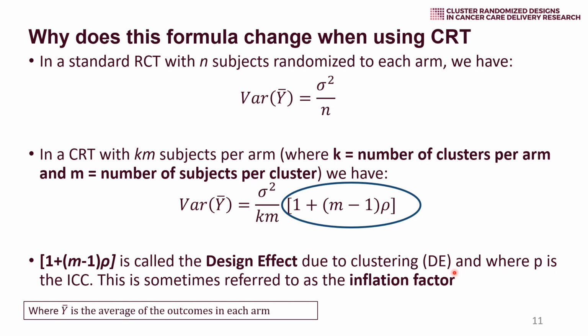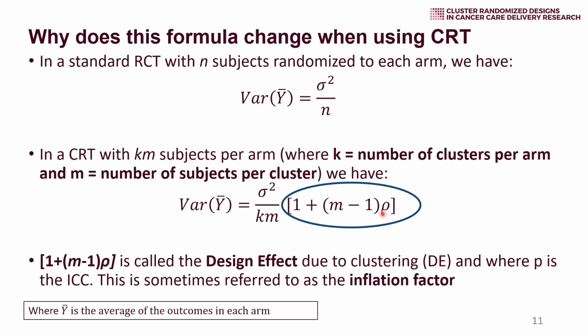Now in a cluster randomized design, this variance changes. It changes to be a function of the variance of the outcome, that remains the same. N, the number of subjects per arm, is actually replaced by the number of clusters per arm and the number of subjects per cluster.